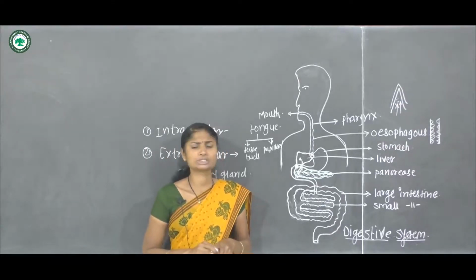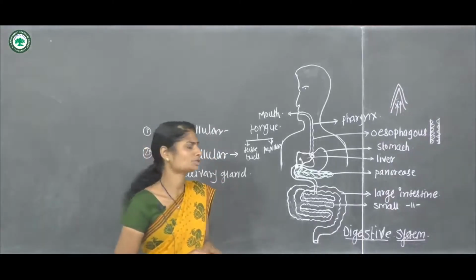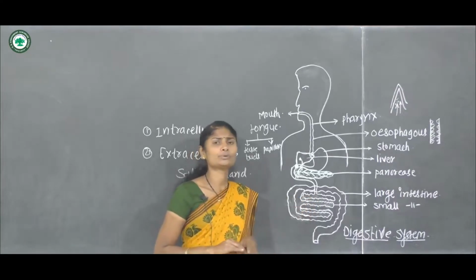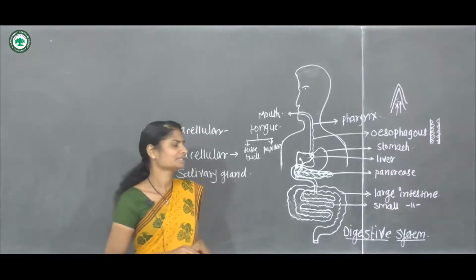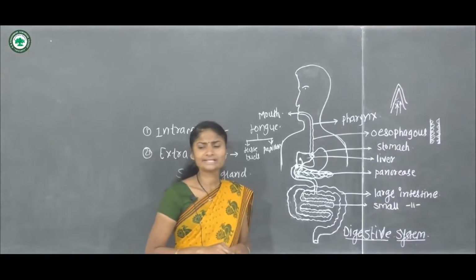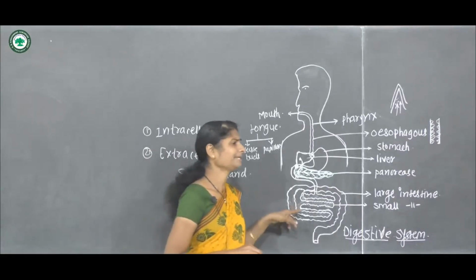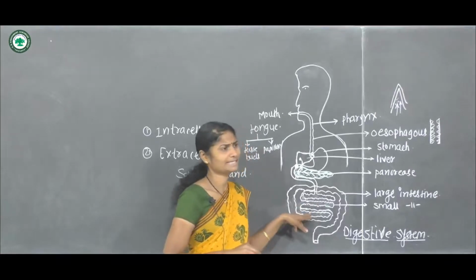The small intestine is a coiled structure. The mucous membrane shows numerous finger-like foldings, which increase the absorptive area, and these are called villi. In the small intestine, complete digestion and absorption of food material takes place.